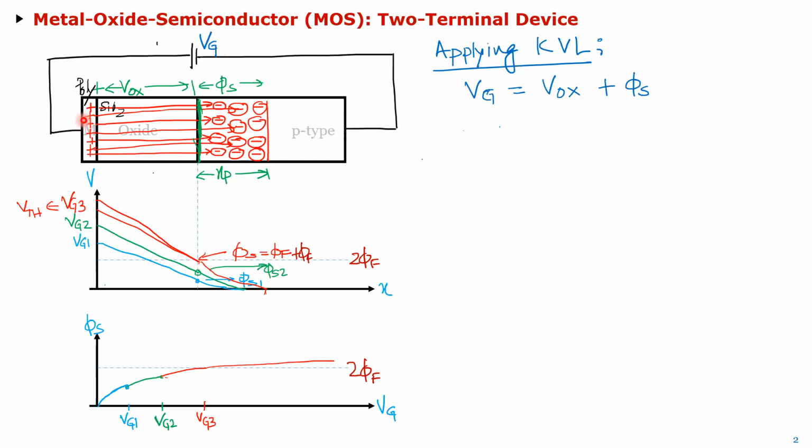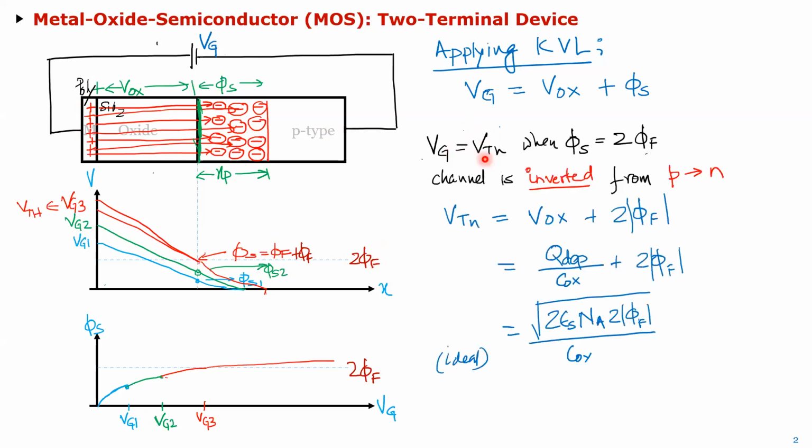So basically the voltage at this metal with respect to this substrate, when that voltage is such that this potential with respect to this ground is 2 phi f, that's called my threshold voltage. In other words, this VG is equal to VTN when this surface potential here is equal to 2 phi f.